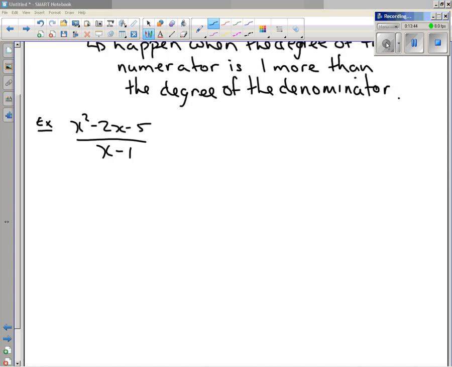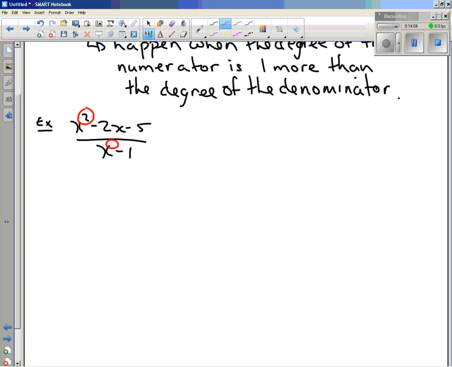Okay. So if we do an example of this, we're looking at obtaining the graph for the function x squared minus 2x minus 5 over x minus 1. So in this case, our numerator has degree 2, our denominator has degree 1. So that's 1 more.